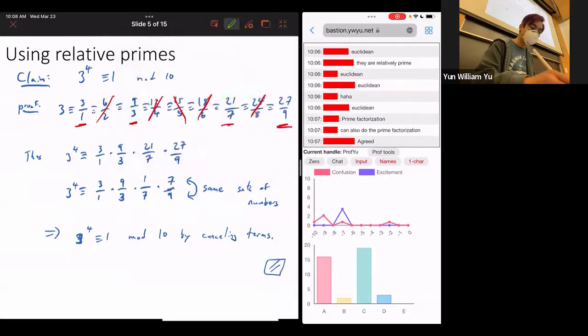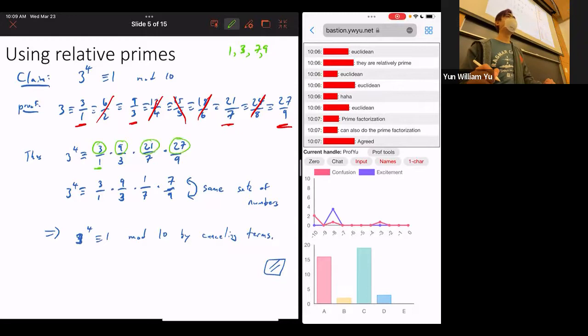The other relative primes here were 1, 3, 7, and 9. And so this here was 3 times 1. This here was 3 times 1. This here is 3 times 3. This here is 3 times 7. And this here is 3 times 9. And so what we're doing there is we're multiplying one of the relative primes with all the other relative primes to generate all these different ways of writing things out.